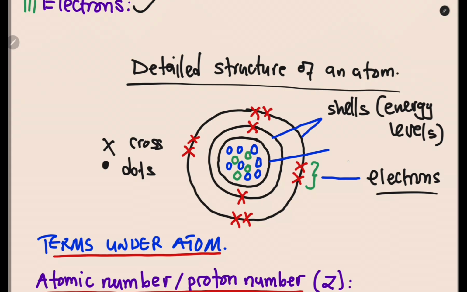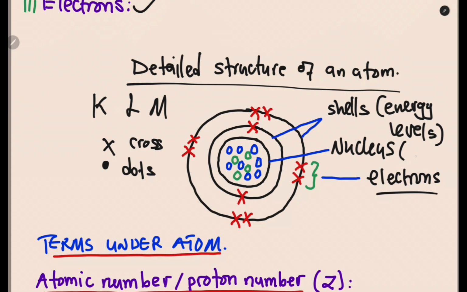We have different shells here, labeled from K going up, which means the first shell is K, the second is L, the third is M, and so on. But at the moment, it's important that you know electrons are found around the shells. Then you have the center of this atom, which is called the nucleus.